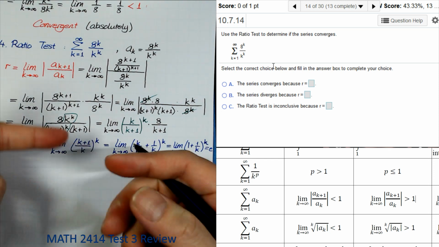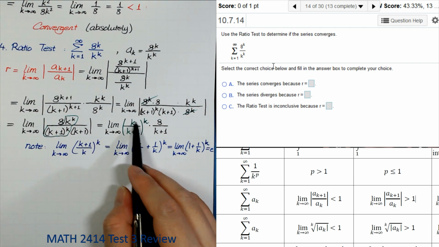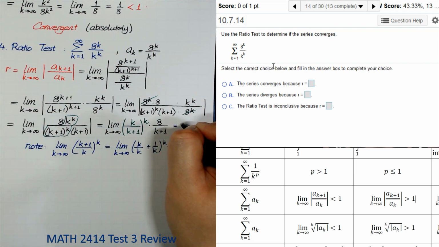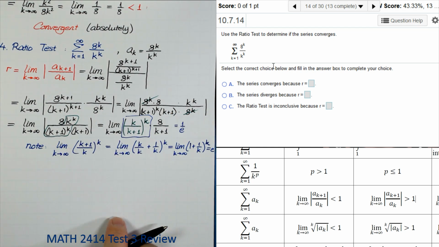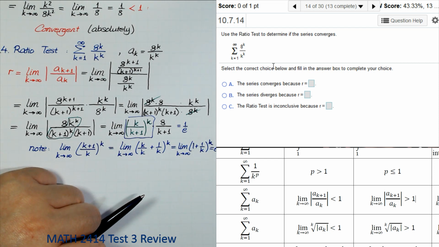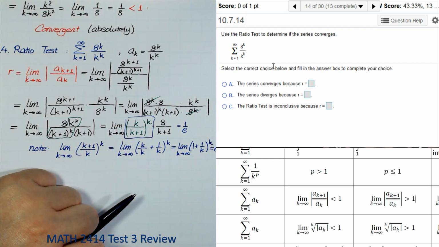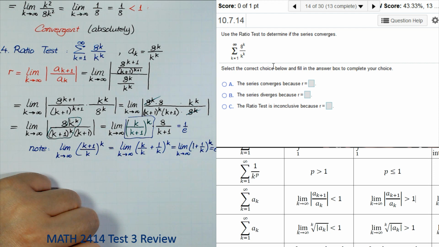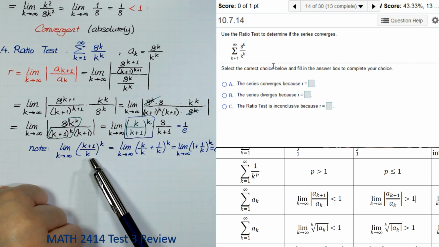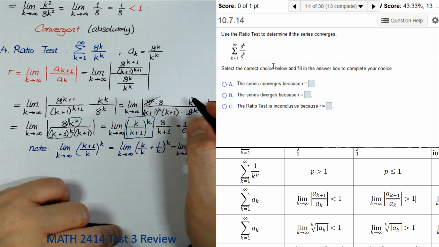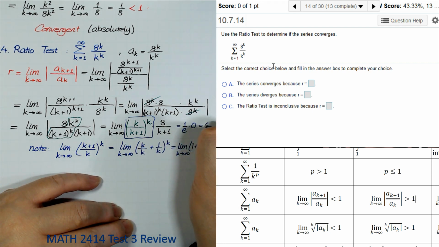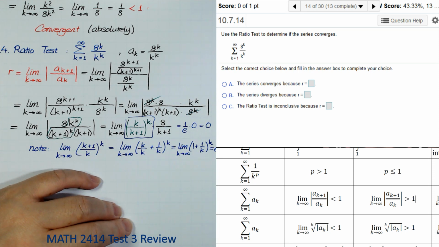Now all we do is just flip it, so this will be 1 over e, because this is the reciprocal of it. And this limit when k goes to infinity is 0, so the whole thing equals 0. So the ratio test converges because r equals 0.